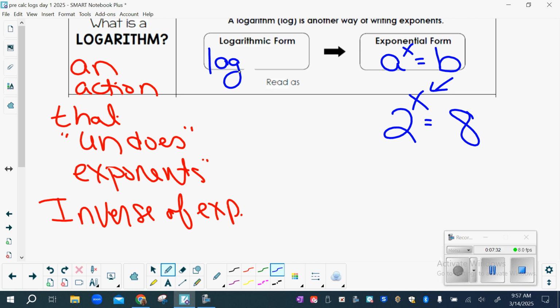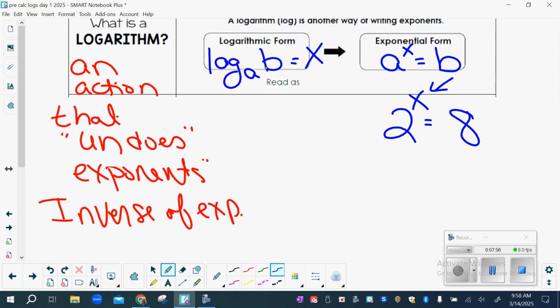So watch what I'm going to do. The base goes in the basement. The exponent becomes the answer. And the b goes here. Honest to God, if you get nothing else out of today, it's remembering the base goes in the basement. The answer now is the exponent.